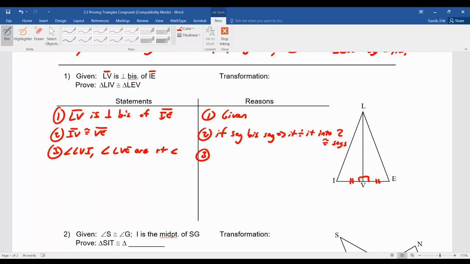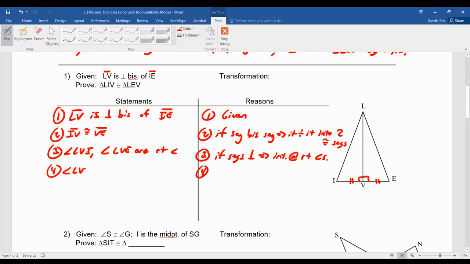So you're going to hear me reference that a lot. If you go down to number 10 on your gold sheet, what does it say? It says, if segments are perpendicular, then they intersect at right angles.